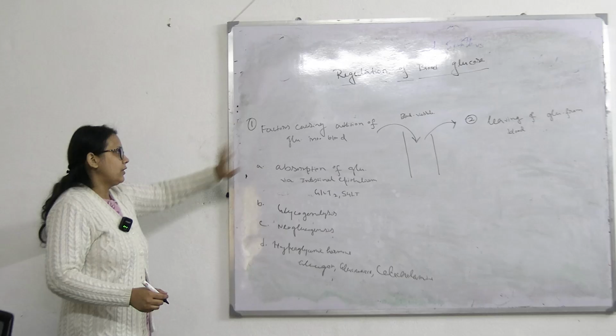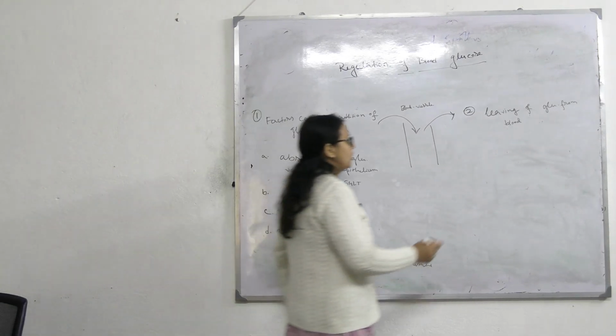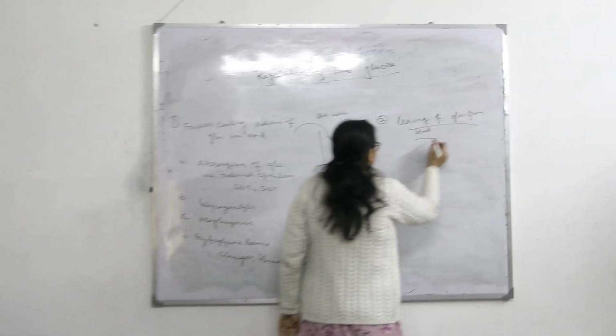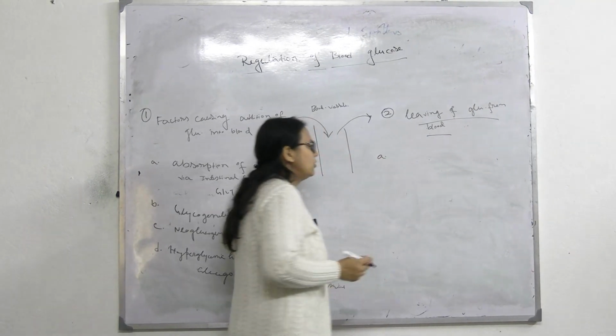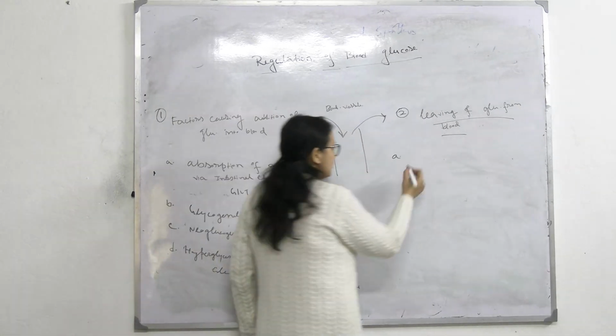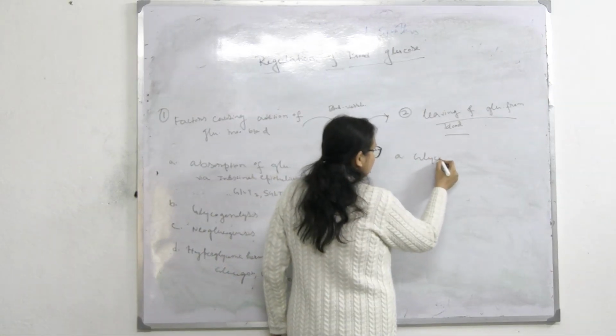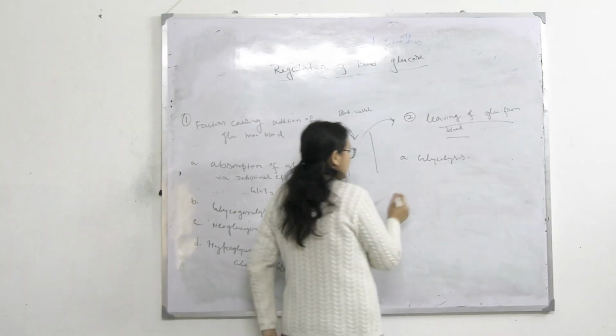So we have discussed the first set of factors. Now coming to factors causing leaving of glucose from blood. The first is utilization of glucose, that means glycolysis, utilization by cells.